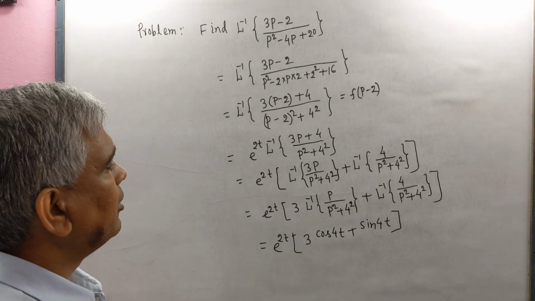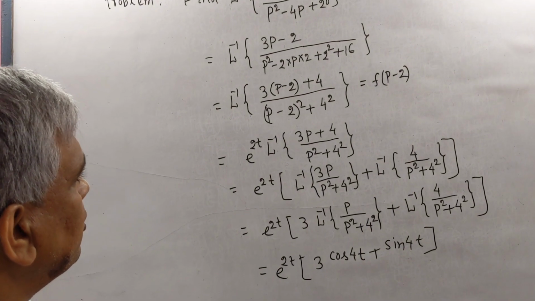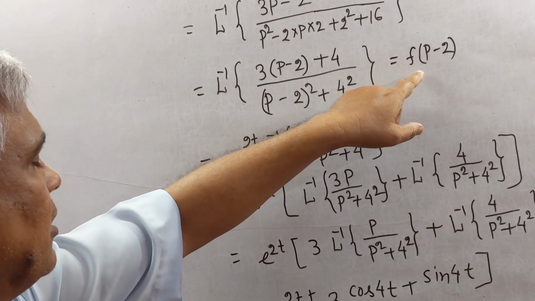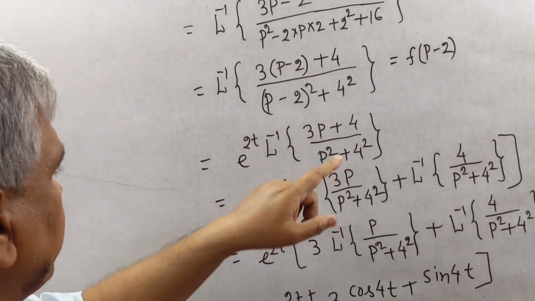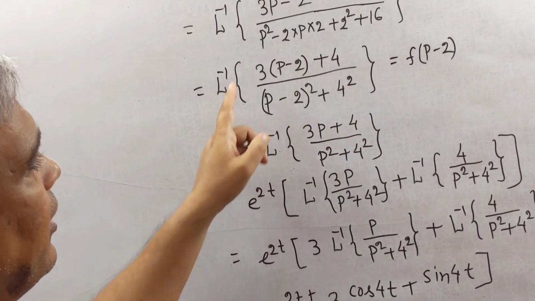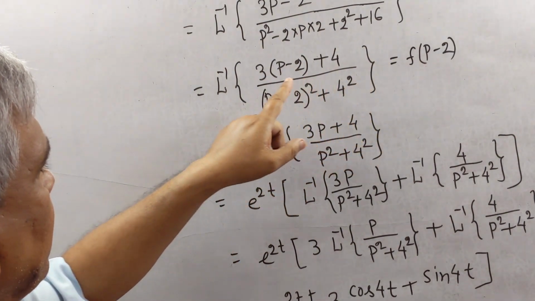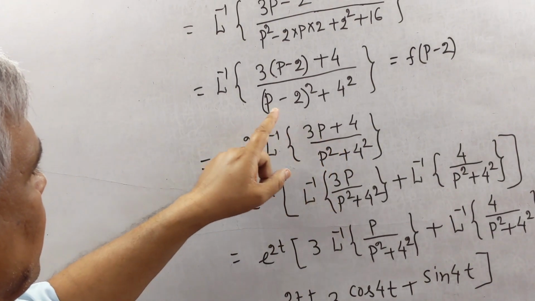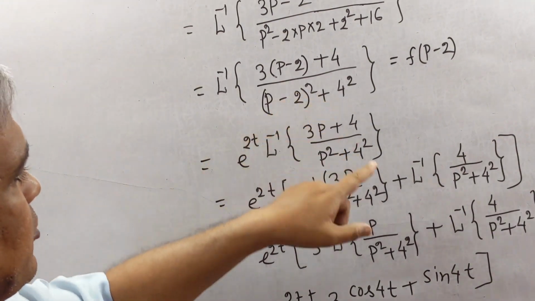So from the first shifting theorem of inverse Laplace transformation, we may take e to the power 2t outside, then F(p). F(p) is (3p+4) by (p square plus 4 square).